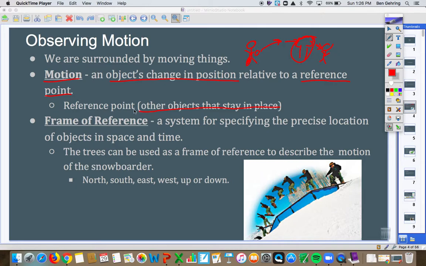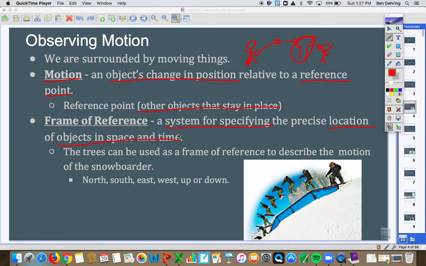So a frame of reference. That's a reference point, this object that we see. A frame of reference is a system for specifying the location of objects in space and time. This is essentially looking at what reference points you are using to measure your motion.